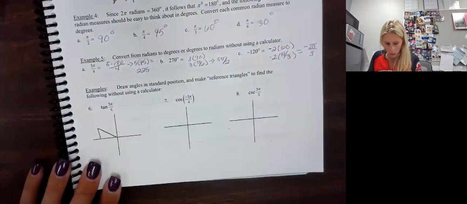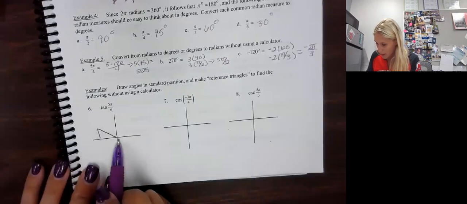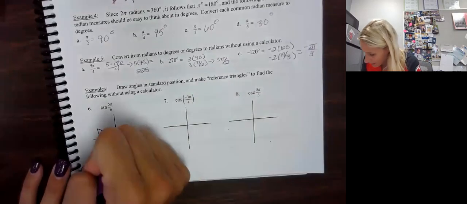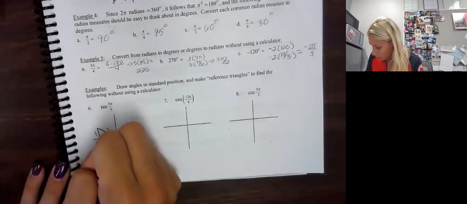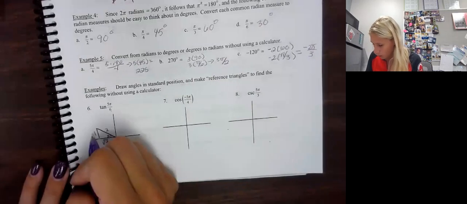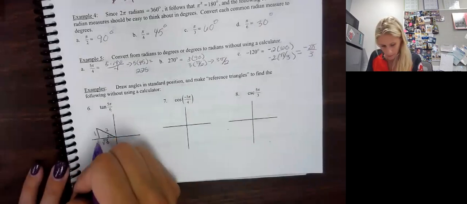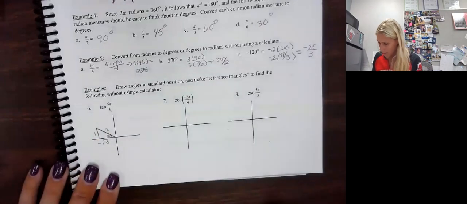Now, if this is 180 and this is 150, this angle here must be 30. So we have our 1, 2, and square root of 3. Don't forget we're in the second quadrant, so our x is negative and our y is positive.